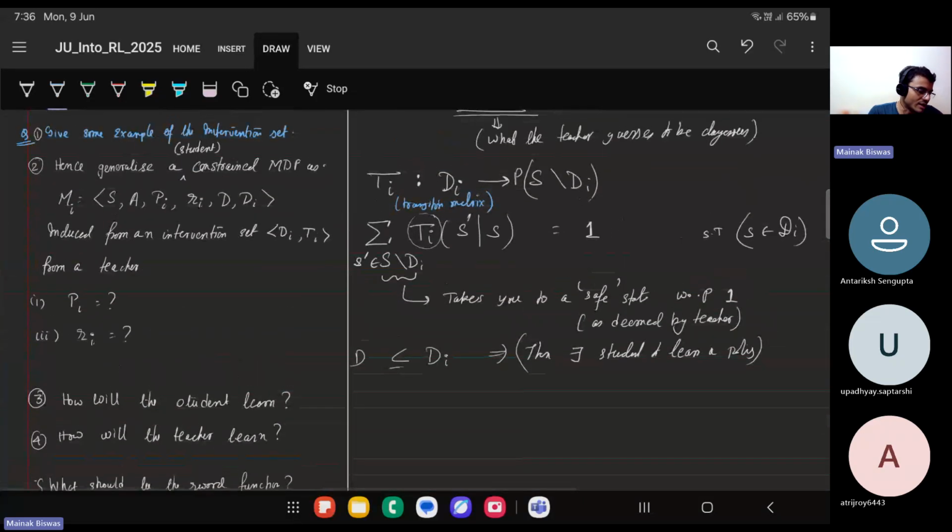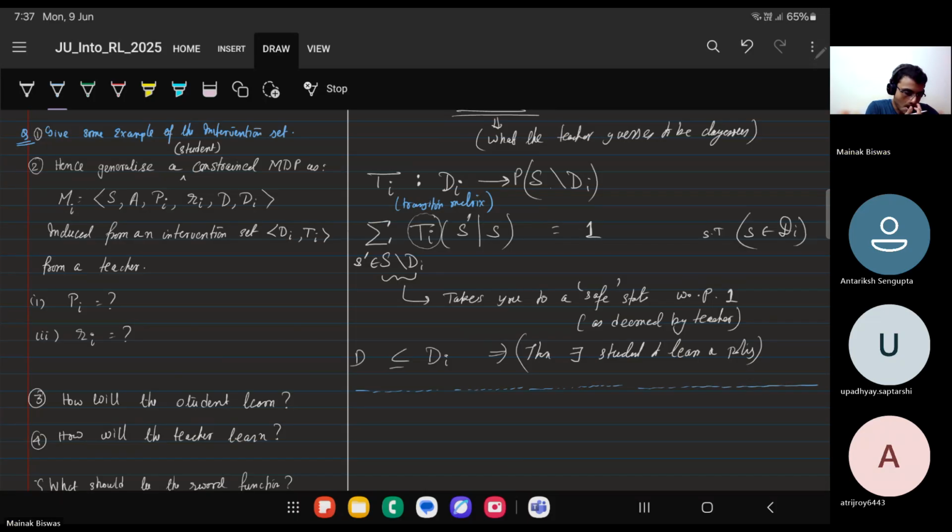So now let us try to understand what a student constrained Markov chain MDP would look like. Say at time i, this is defined as this tuple of states, actions, P_i, R_i, D and D_i.